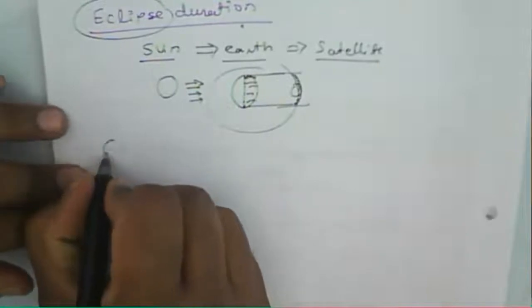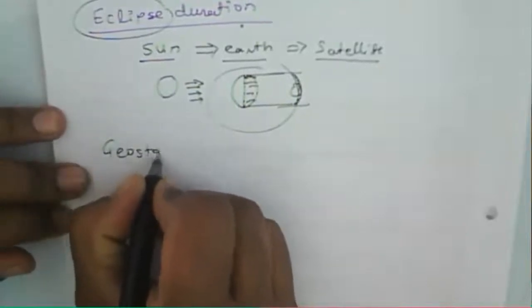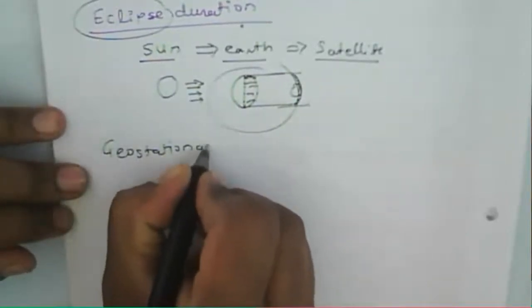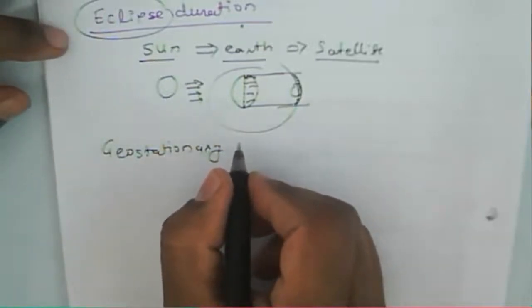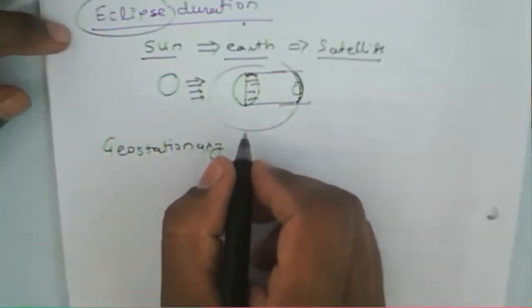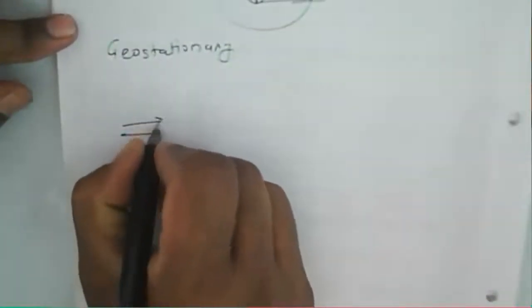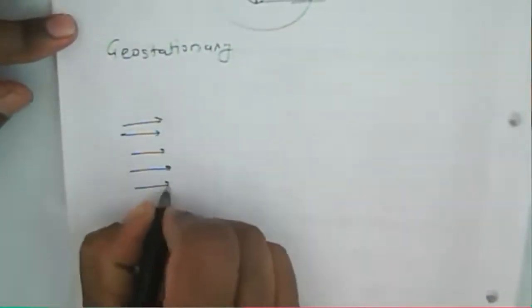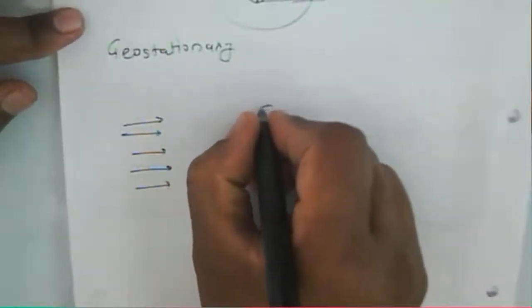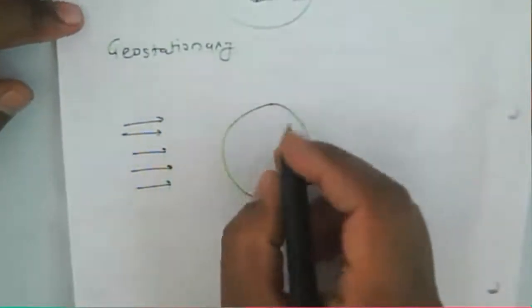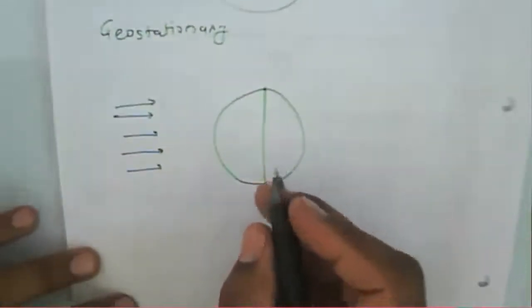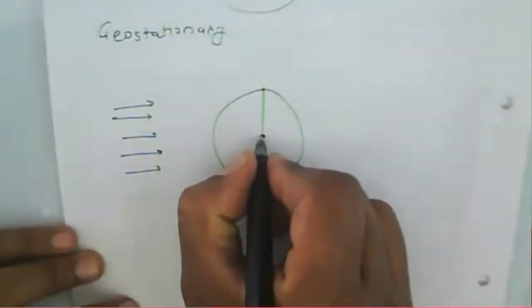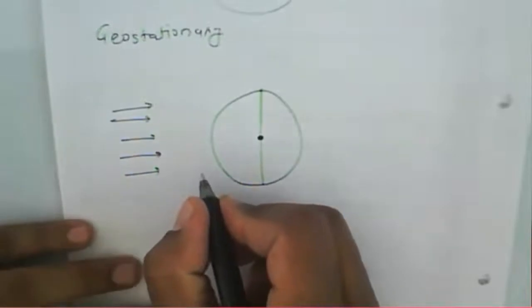So we consider a geostationary satellite, and for it, what will be the eclipse duration? Eclipse duration means what? Here we have the sun radiation, this one is nothing but the Earth, and this is the center of the Earth.